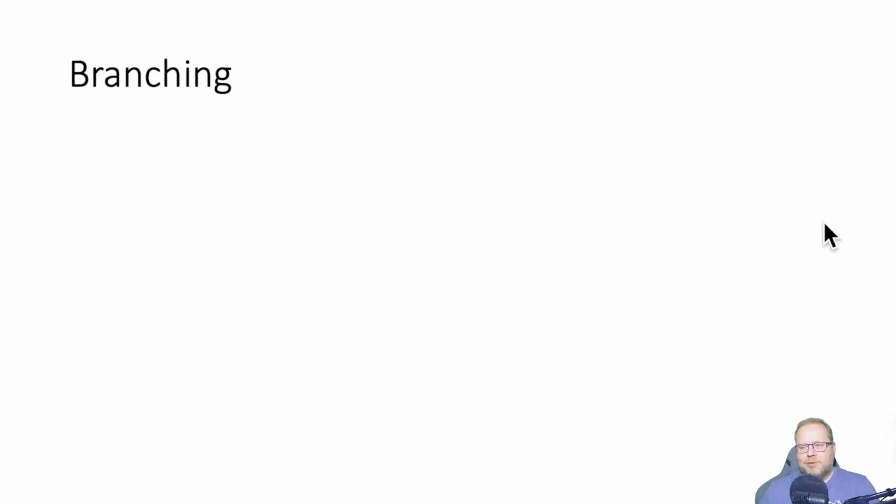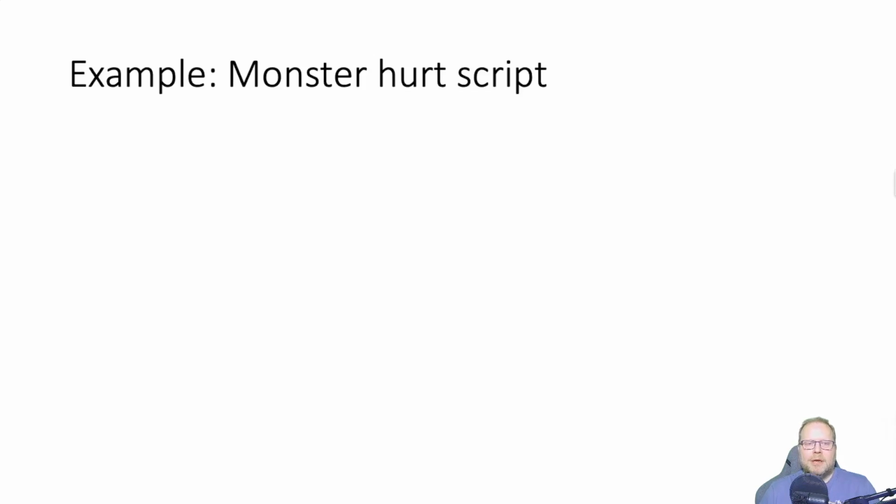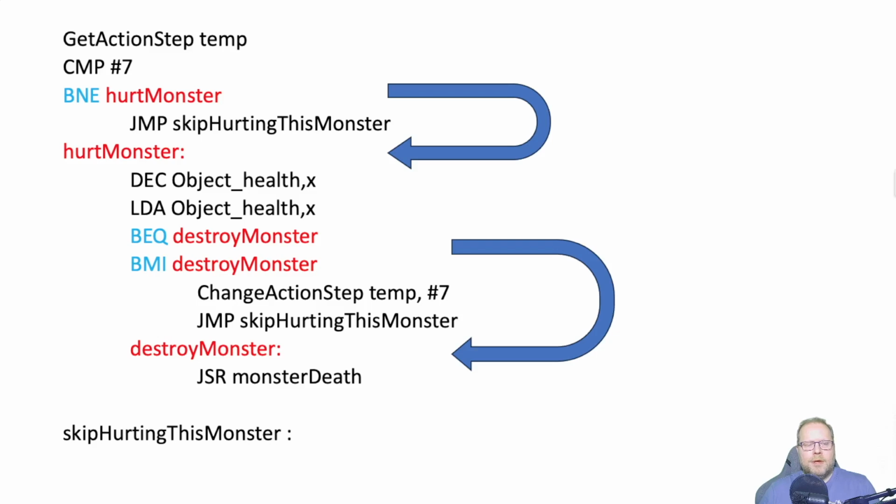But what about branching? Well, branching is kind of similar to jumping, but there's an important difference. Let's look at this monster hurt script. Now again, don't worry too much about all the code. Let's just look at how this branching thing works.